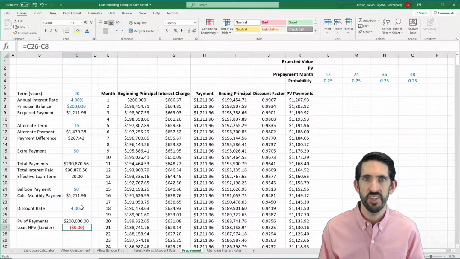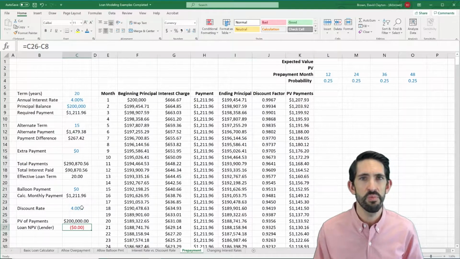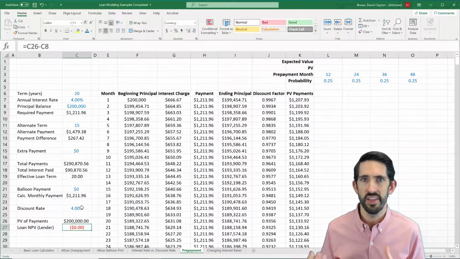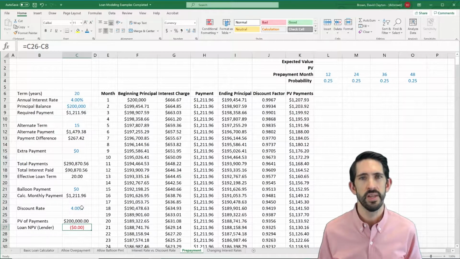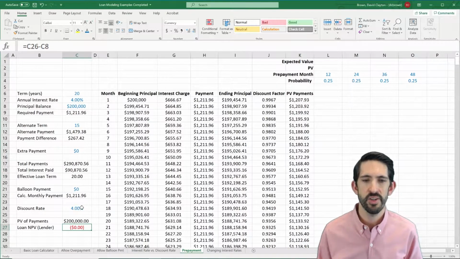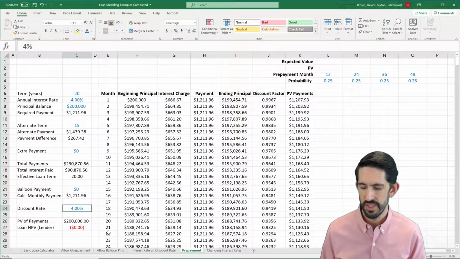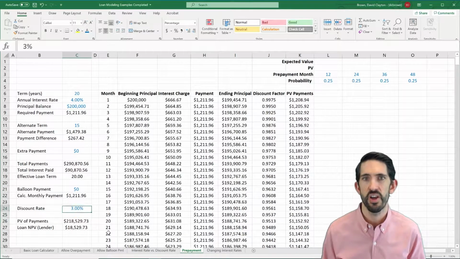So now let's actually think about, well, what should the discount rate be for a lender, right? Lenders, big banks, have access to capital much more cheaply than us individual consumers. They're able to borrow more at corporate borrowing rates. So if we go out and look at rates, they're going to be less than interest rates for mortgages. So let's just say 3% is their cost of capital.